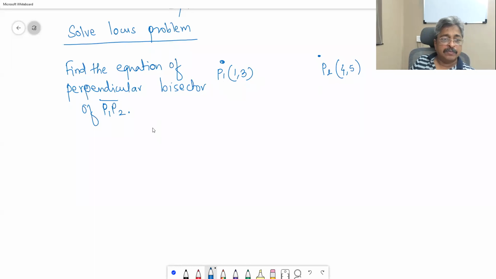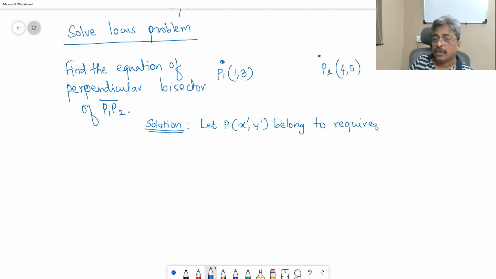Let me write. Solution of any locus problem will look like this. First statement is, let P(x dash, y dash) belong to required locus. Let us call the required locus S. That is the first statement.